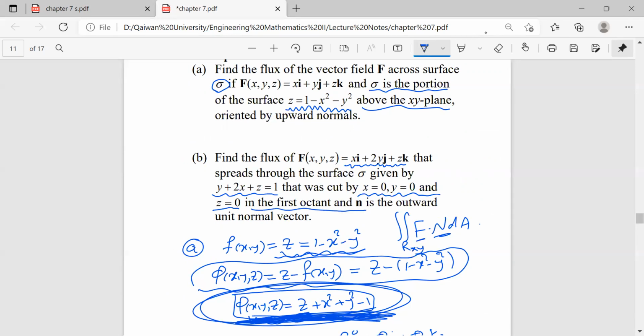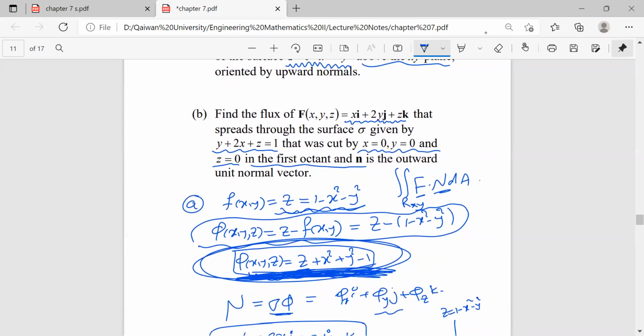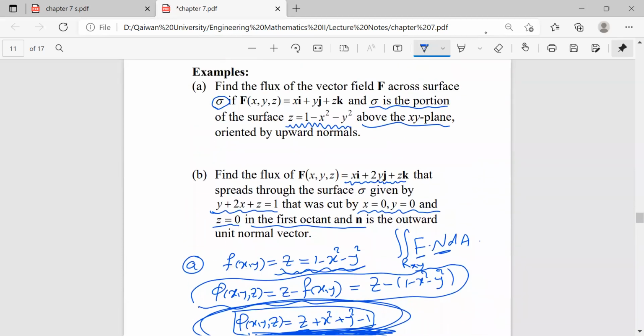If we want to find the double integration in the first octant, it means the projection is in the first octant. So the first octant is the xy plane.